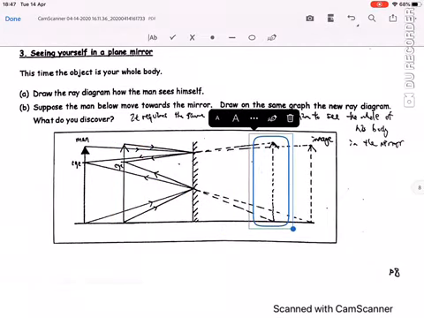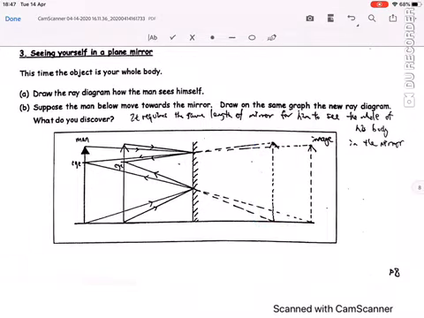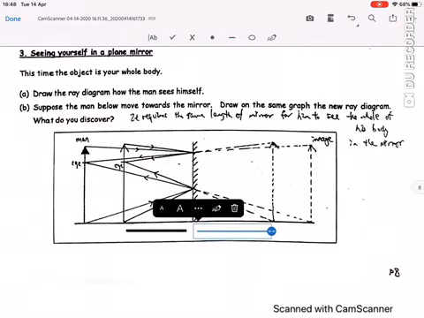So in here, it's closer, because what we have talked about is the distance. The distance from the real person to the mirror is exactly the same length as from the mirror to that image. Those two distances should be the same, okay?